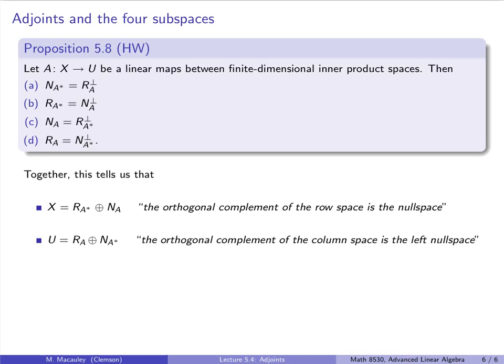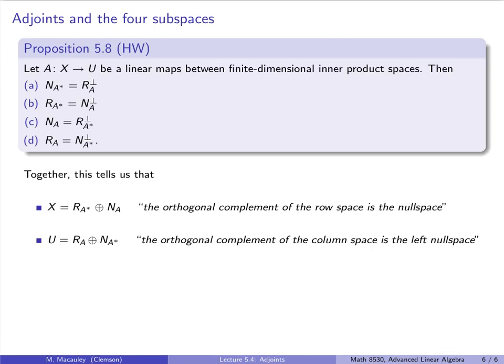Or in matrix language, the orthogonal complement of the column space is the left null space. Now this holds not just for real valued matrices, but also for complex ones as well, though it's slightly different because the definition of a complex inner product involves a complex conjugate, because the inner product of any vector with itself has to be a real number.